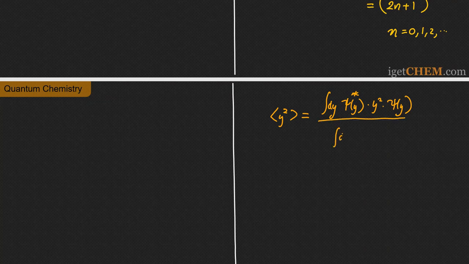And in order to make sure that this is properly normalized, you divide by the same integral except without the measurement. So the bottom is exactly the same as the top, except there's no measurement there. So that is y squared.